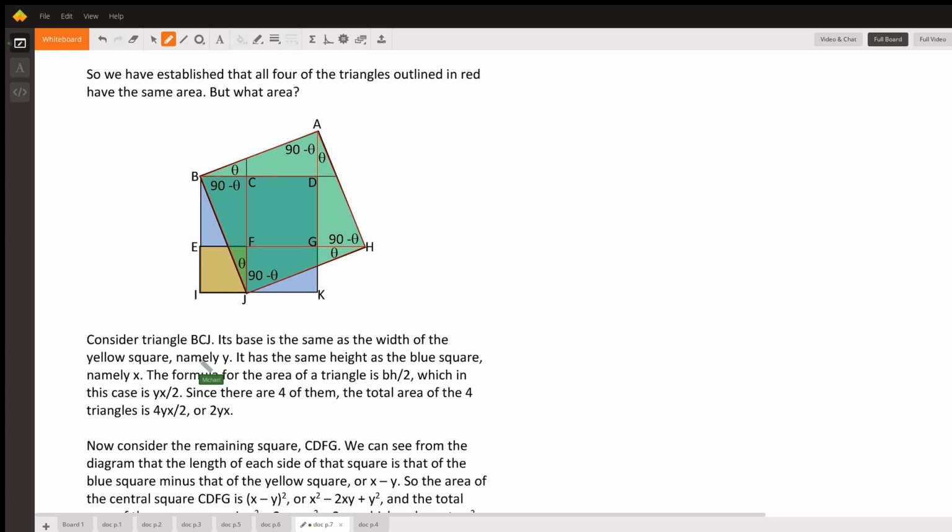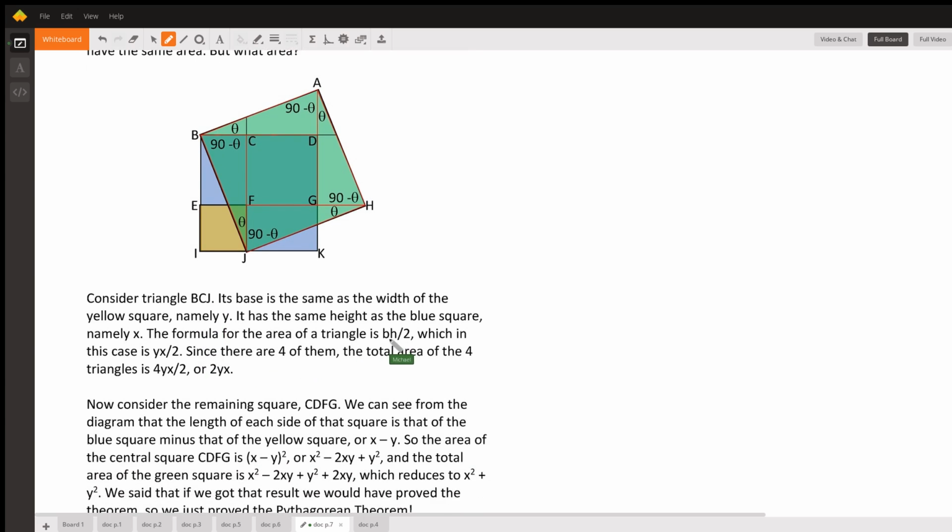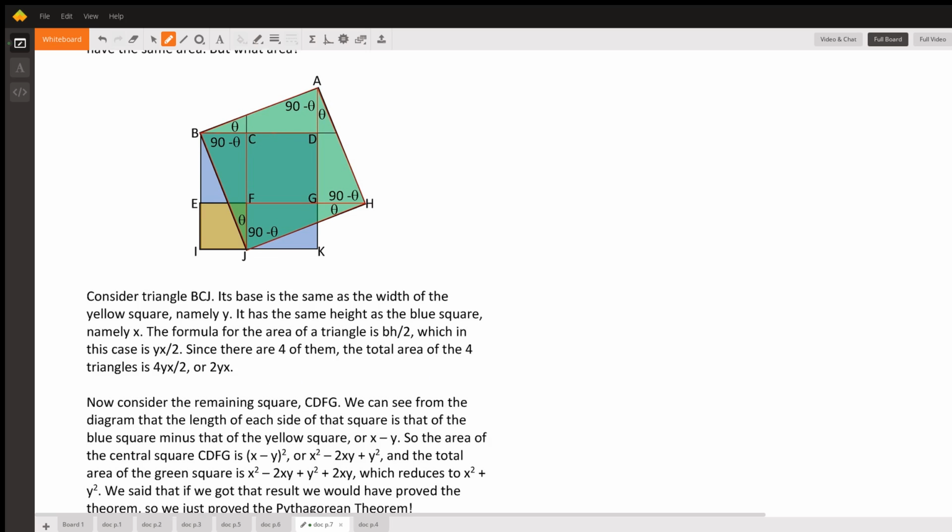The formula for the area of a triangle is base times height over 2. So in this case, it's x times y over 2. And since there's 4 of them, we multiply by 4, and we get 2xy, which is the total area of all 4 of the triangles.